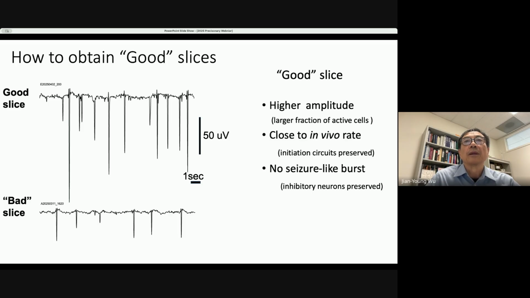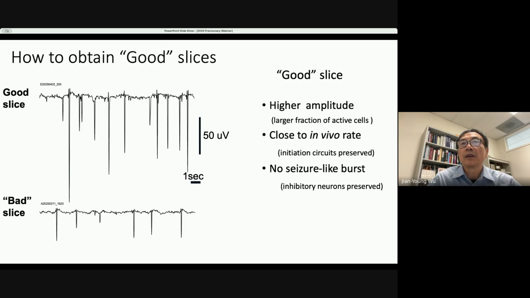About 15% or 20% of the inhibitory neurons in the hippocampus are PV neurons, and those neurons keep the pyramidal cells from generating seizure-like bursts. In CA3, the pyramidal cells are recurrently connected.